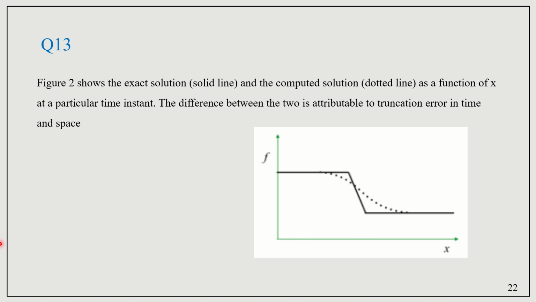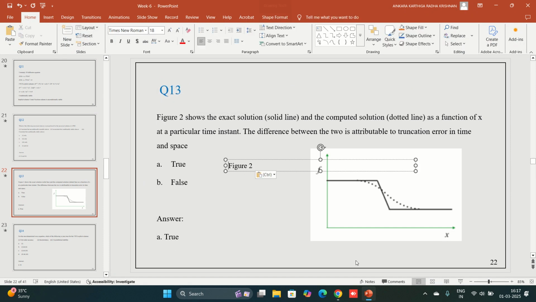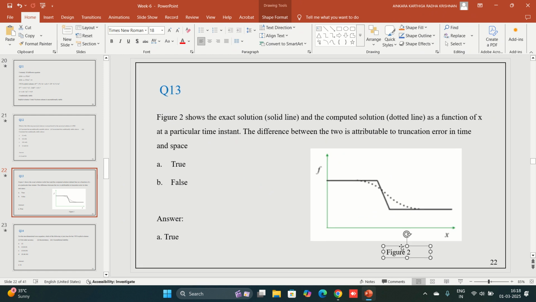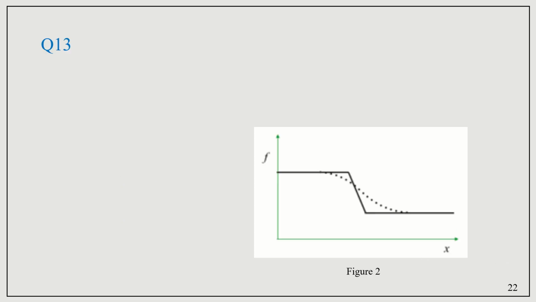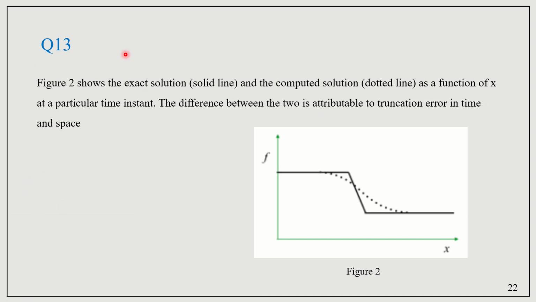Okay, this is figure 2 and it shows the exact solution. Figure 2 shows the exact solution, that is the solid line, and the computed solution, the dotted line, as a function of x at a particular time instant.